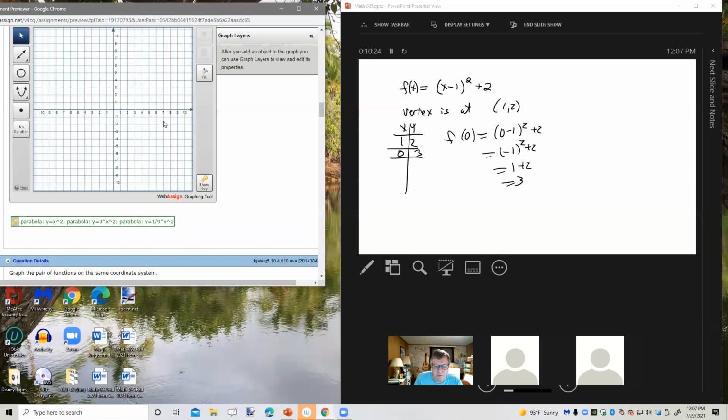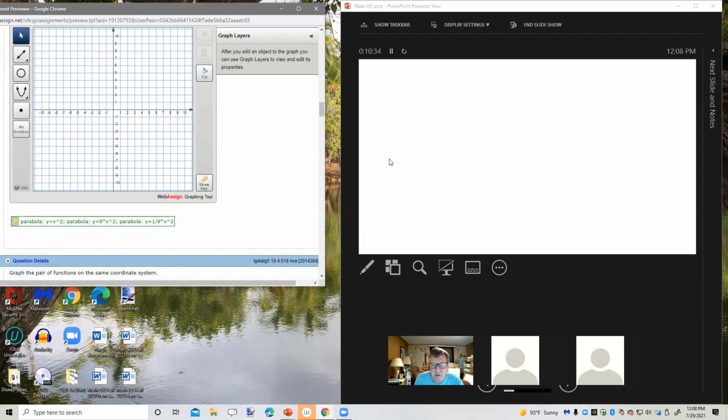Okay, now let's talk about if you're dealing with fractions. Let's say that I've got some equation, and I'm not going to give a specific equation, but let's say the vertex is at 3/2, comma 4, okay?